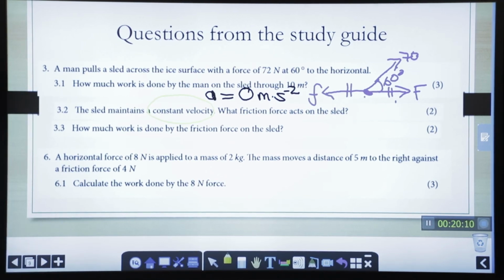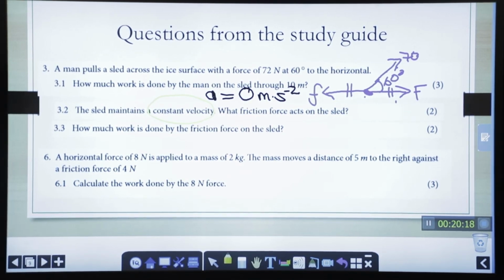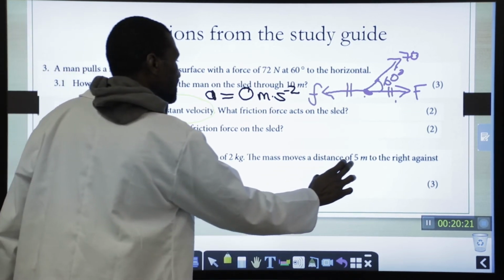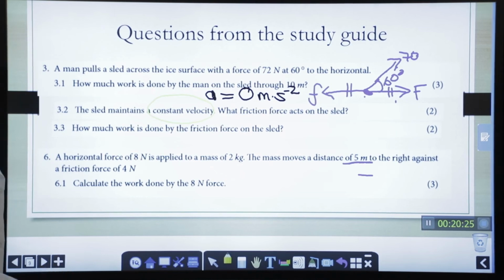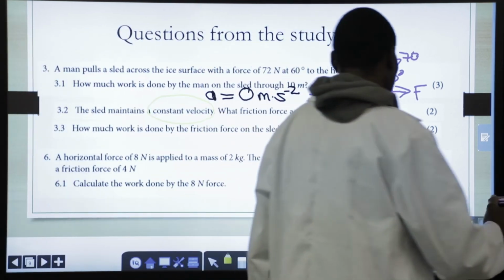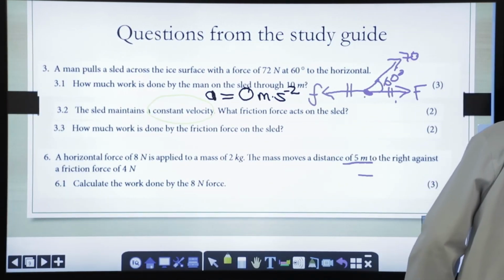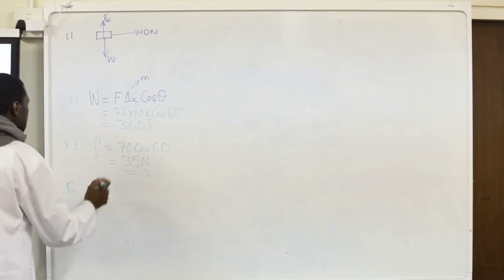Next question says, a horizontal force of 8 newtons is applied to a 2 kg mass. The mass moves a distance of 5 meters to the right against the frictional force of 4 newtons. Calculate the work done by the 8 newton force. That's question 6. Very easy.